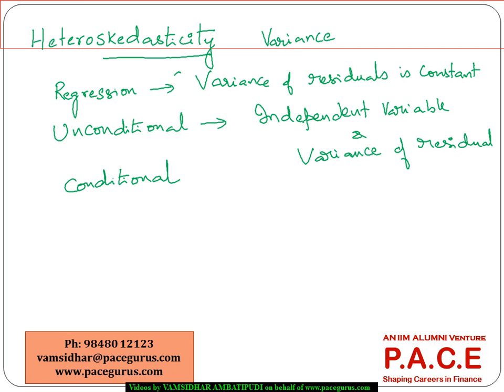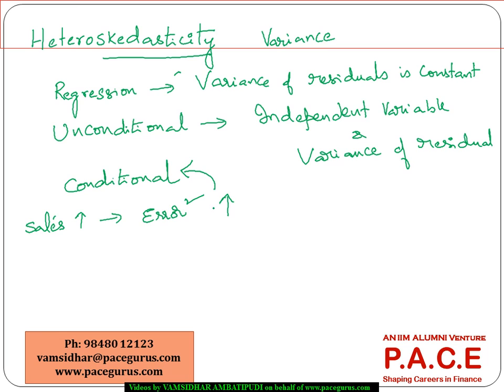Let's say as the sales is increasing, if I see that the error is increasing or error squared is increasing, this is where we talk about the presence of conditional heteroskedasticity, which is a serious problem that needs to be understood from a multiple regression. Every multiple regression has to be tested for the presence of conditional heteroskedasticity in the data.